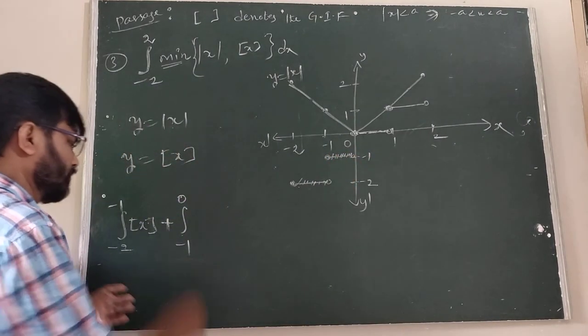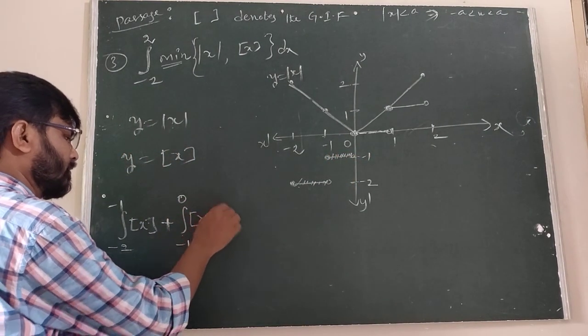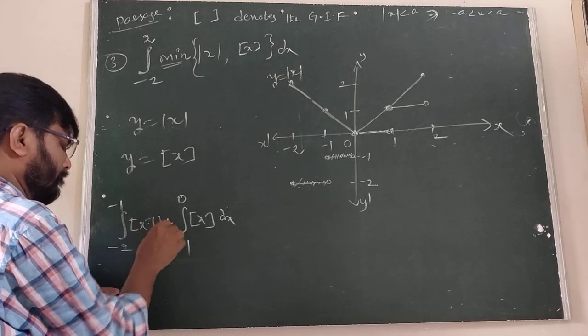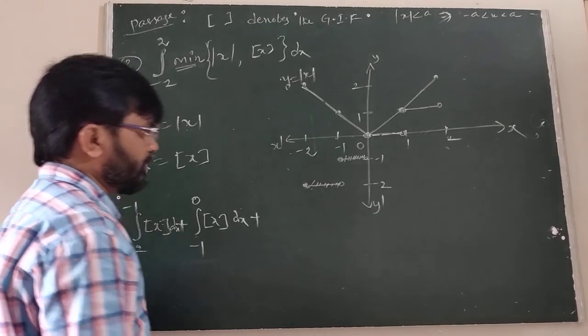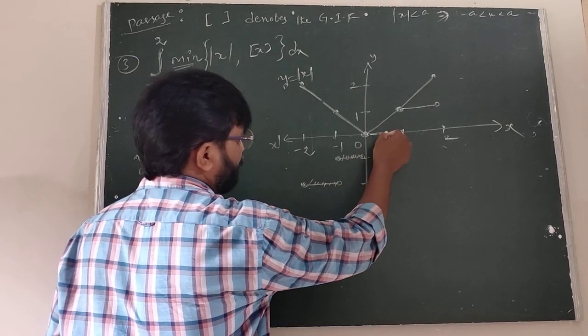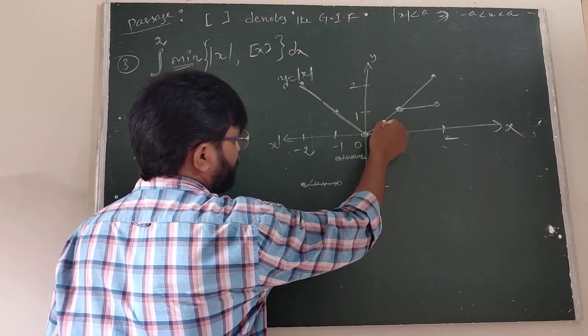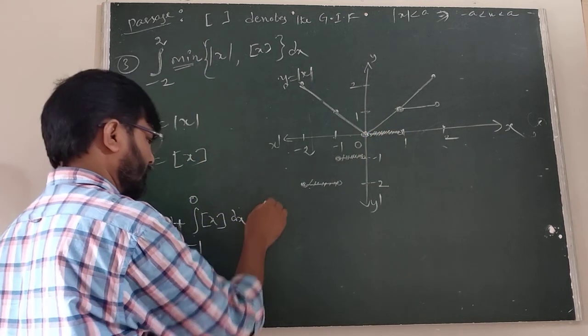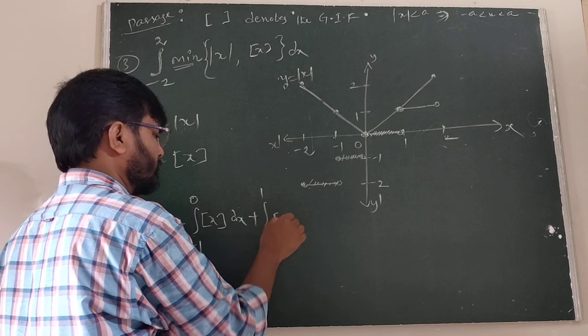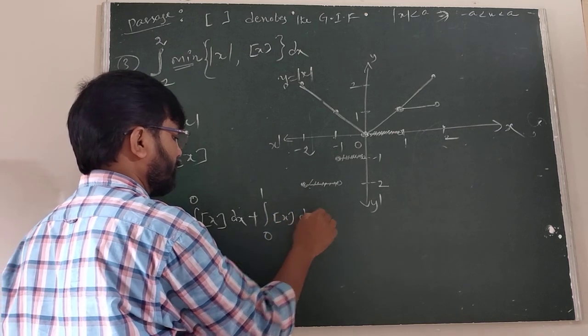This is the minimum. Therefore, this is also step x. After that, we write between 0 and 1. Suppose they are taking, this is maximum, this is minimum. This part is the minimum. Therefore, for the integral 0 to 1 also, step x is the minimum.